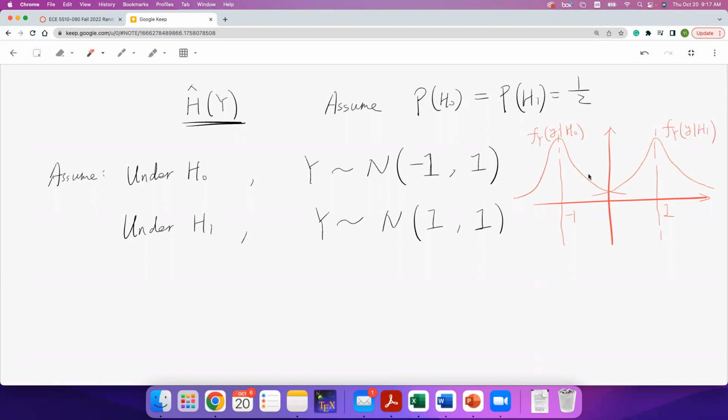The intuition is that depending on the message sent by the transmitter, the received signal is a perturbation of the original transmitted message. So intuitively, the received message should be concentrated around the original message. This is a reasonable model of the channel.